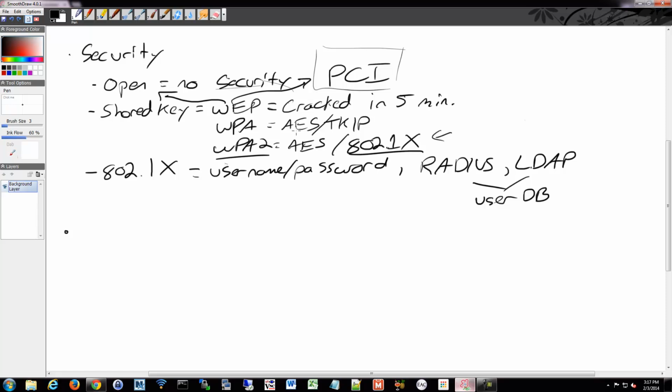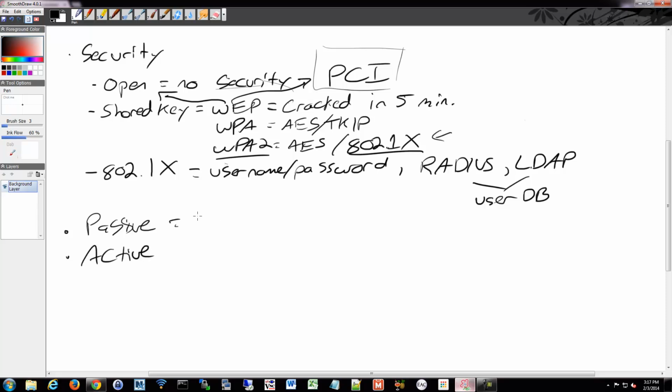So the last thing we'll talk about for wireless access is there's two different ways to access these networks now that you've set all this stuff up. There's the passive client, and then there's the active.